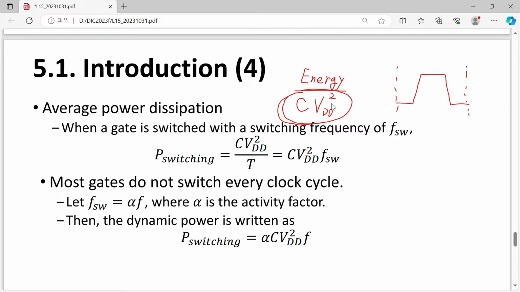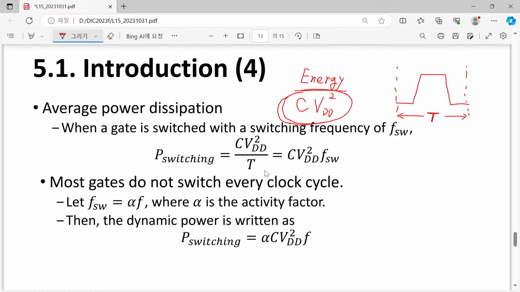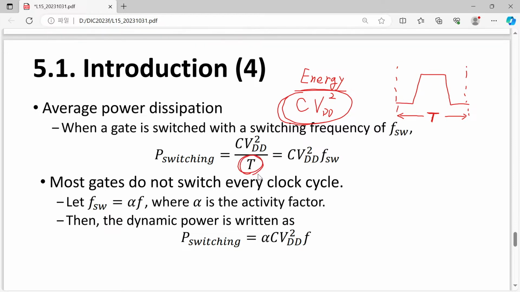But this is energy. Then how about the period-wise average power consumption? Not energy, but power. Since capital T is used for our period, now we can just divide by the period, and that will give us some number.